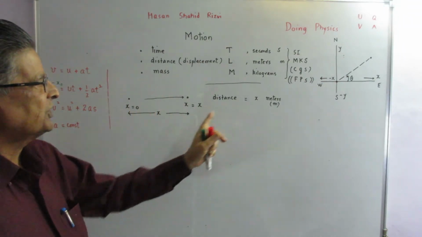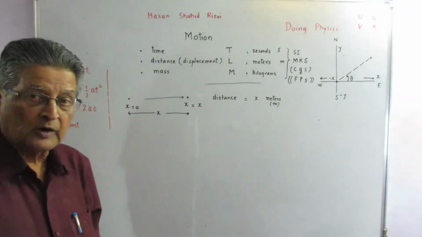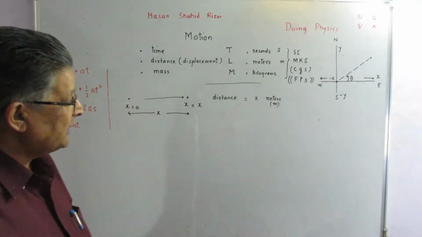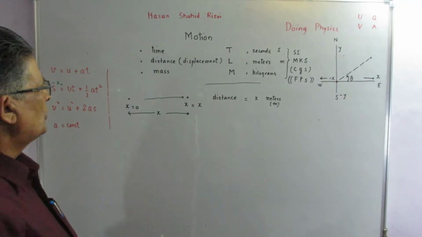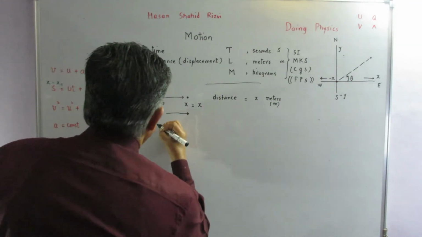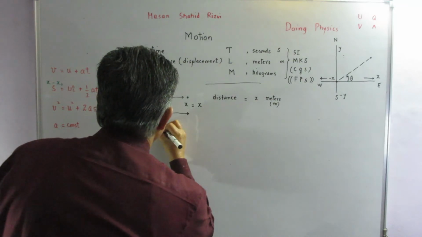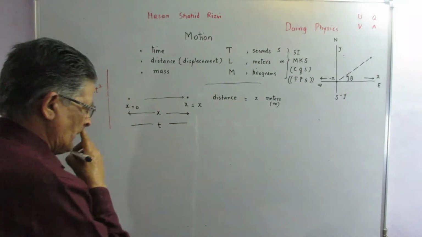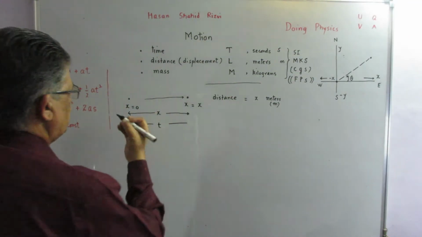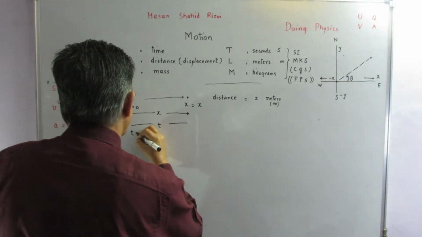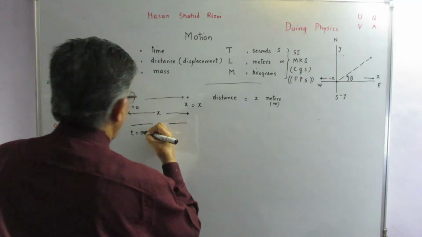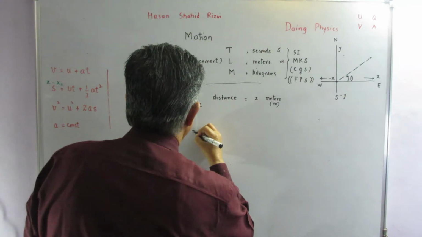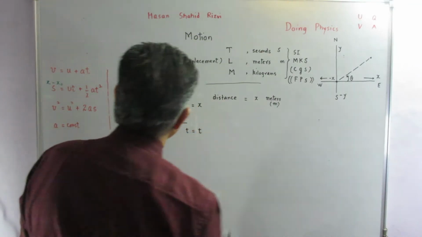Suppose this is the distance which has been moved. From one point to another point you have moved, you know that we require something which is called the time t. So in moving we have used a time t. Here, like before, this is t equal to 0, and then this is t equal to t.